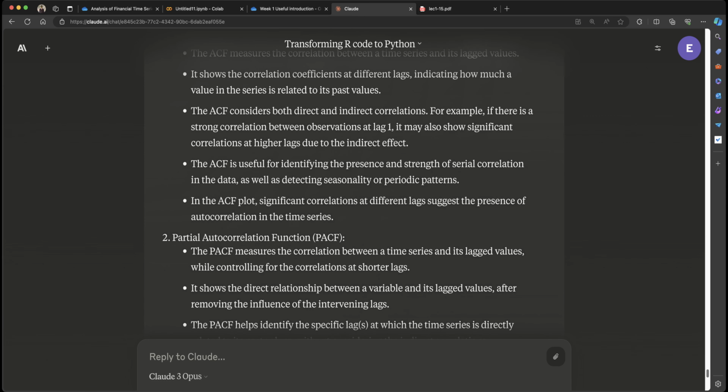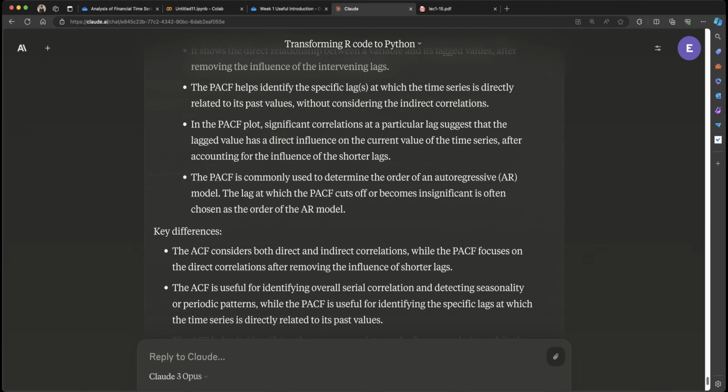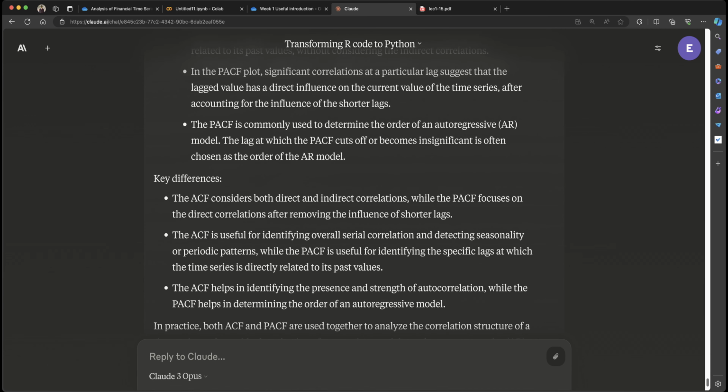The partial autocorrelation function measures the correlation between the time series and its lagged value while controlling for the correlation at shorter lags. So the key difference: the ACF considers both direct and indirect correlation, while the partial autocorrelation focuses on direct correlation after removing the influence of shorter lags.